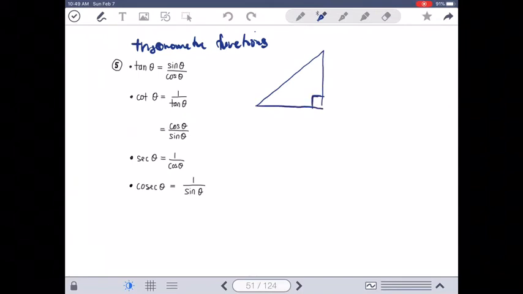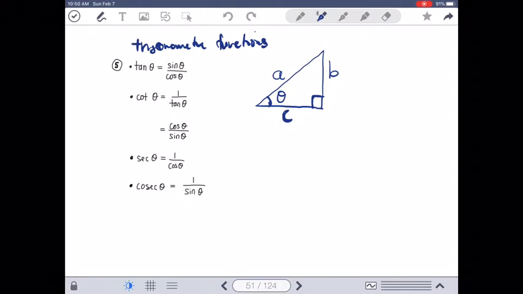I name this as A, B and C. And say this is your angle theta.